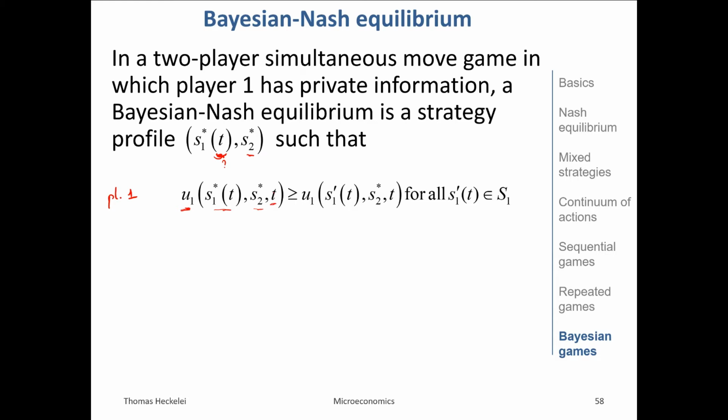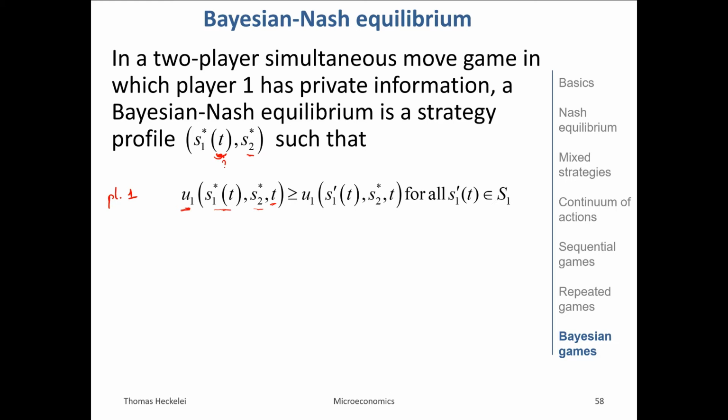Because earlier we also said the T could affect the payoff directly and indirectly, right? So directly it is standing alone here, and indirectly through the strategy of the first player.